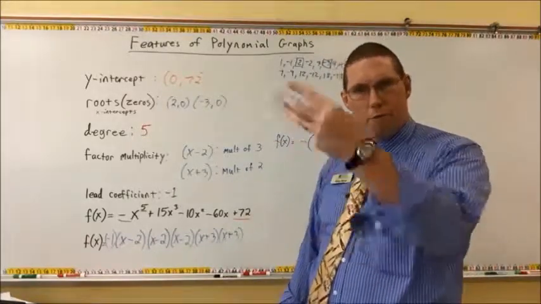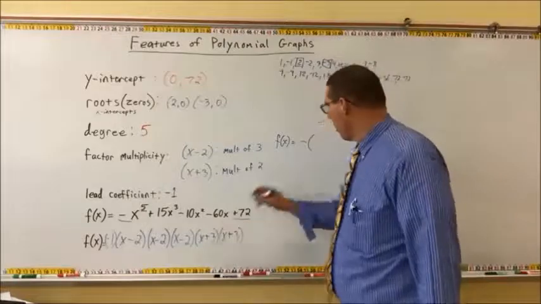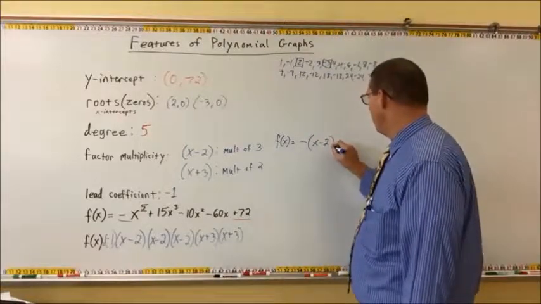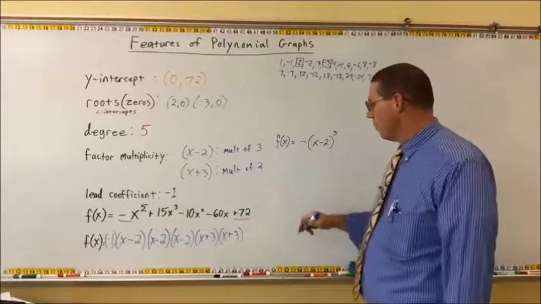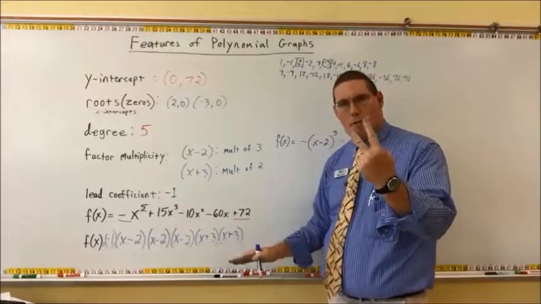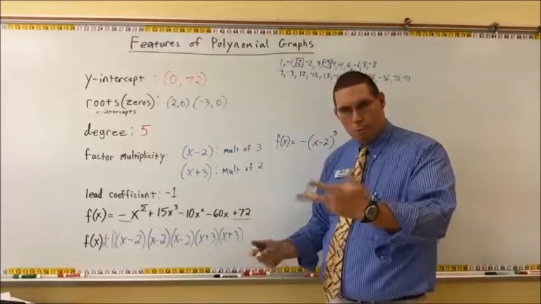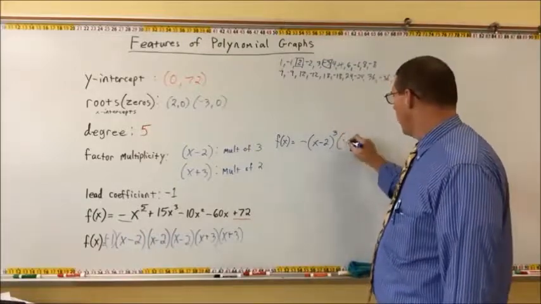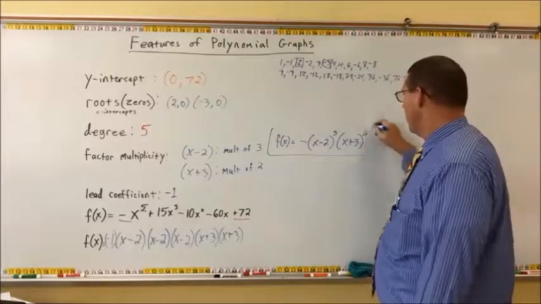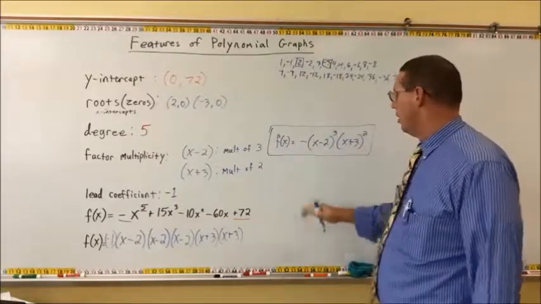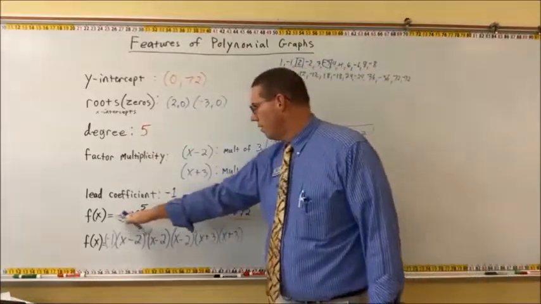Don't we put a power of 3 on it? So we're going to write x minus 2 to the 3rd power. What happens when we multiply something by itself twice? Don't we put a 2nd power on it, squared? So we're going to write x plus 3 squared. And this is the correct factorization of this.